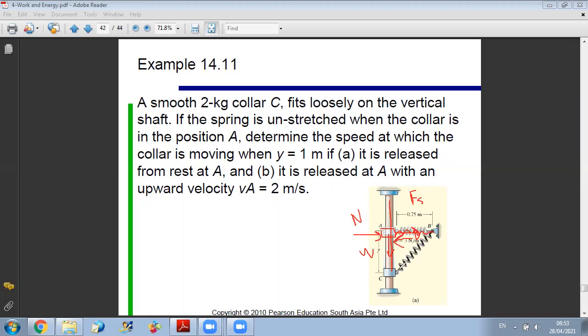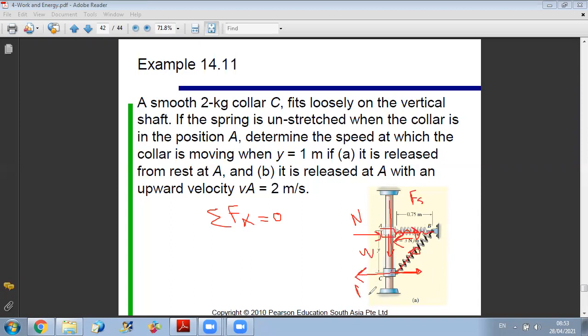Why? Because look, the spring, as you can see, is developing a force. If you project on X, the spring force has a component towards the right. And you know that from the constraint, the collar cannot move in X, so sum of forces in X should be 0. This is why when the spring is in tension, it will push the collar in this way, and therefore the rod will develop a normal reaction to the right to have equilibrium in X.